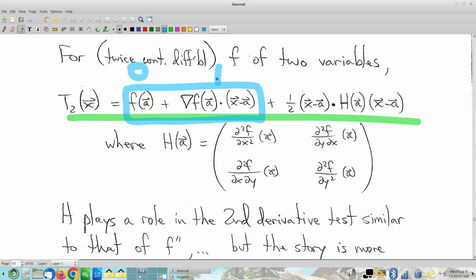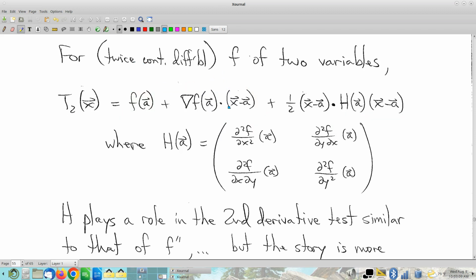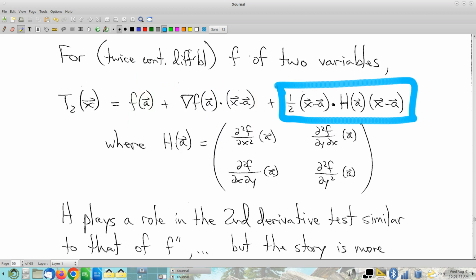So that's encouraging, right? Just like in single variable calculus, the pattern sort of continues. Where things get weird is when you look at the second order term. This second order term is not analogous exactly to the single variable case. There is a matrix in here.